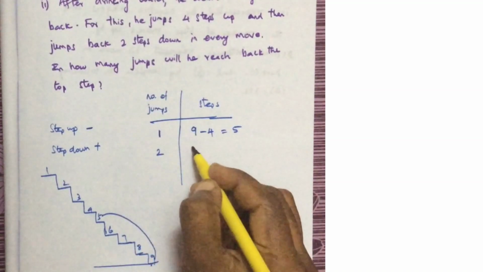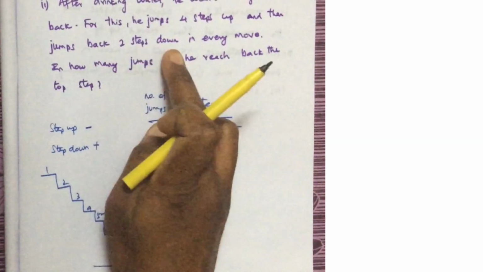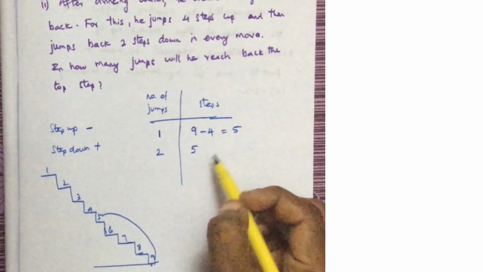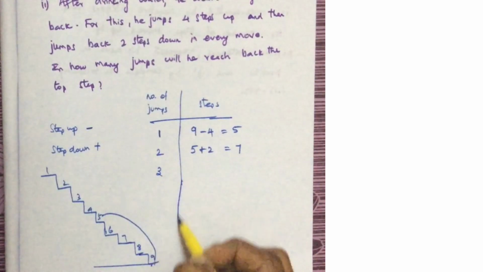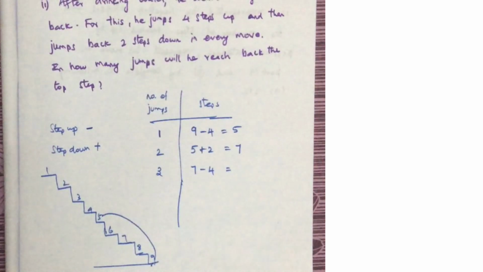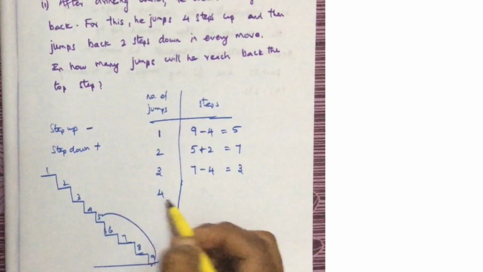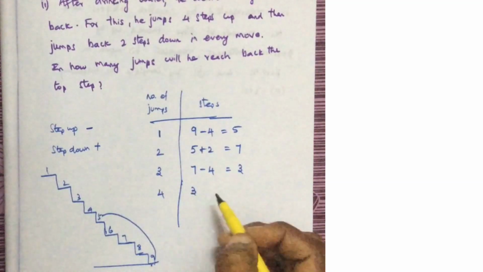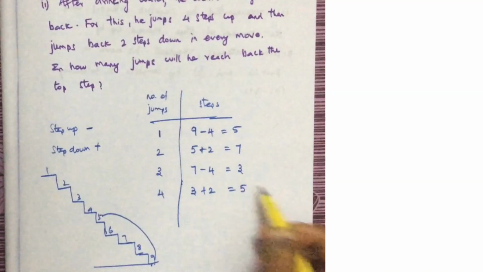Second jump, from this 5, he jumps back 2 steps down. Whenever it steps down, add plus 2, that is 7. The third is 7 minus 4, that is 3. Then the fourth is 3 minus 4 plus 2, so 3 plus 2 is 5.